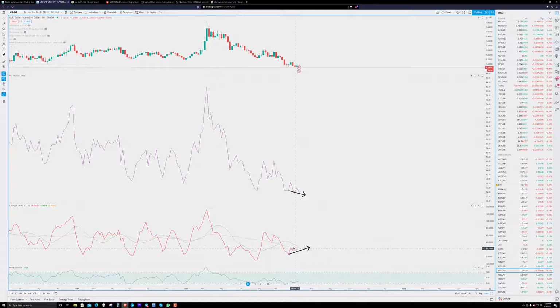But we have the oscillators congesting quite a bit, so be careful for some upside pressure.